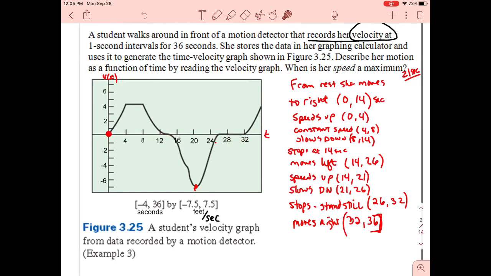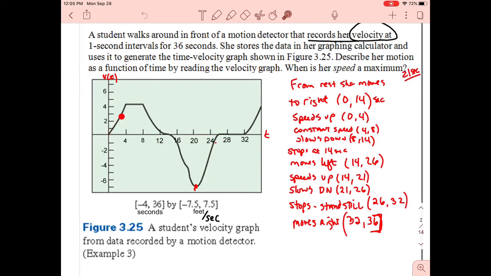So at 0, her velocity is 0, so she starts from rest, and then because the velocity becomes a positive value immediately after that, she is moving to her right. Or you could also say she is moving away from the motion detector, depending on how it's measuring it.